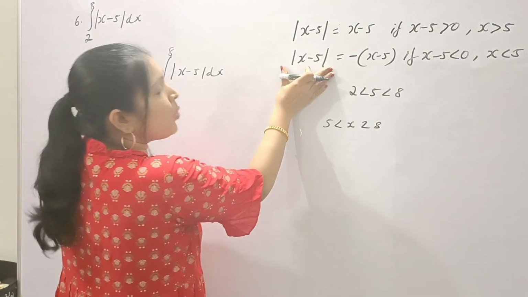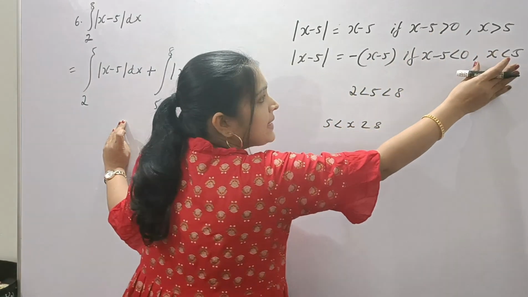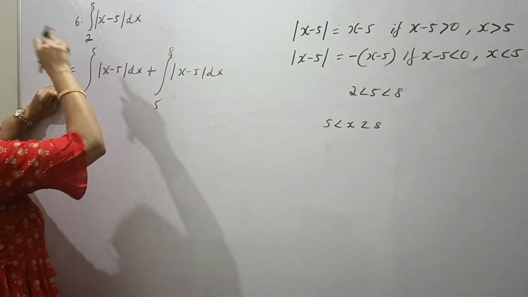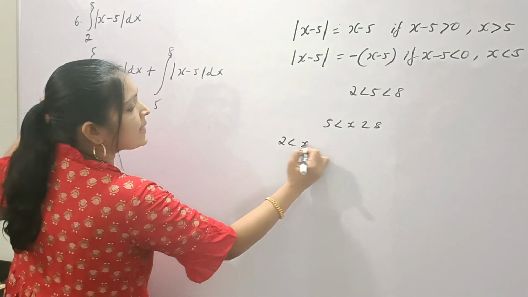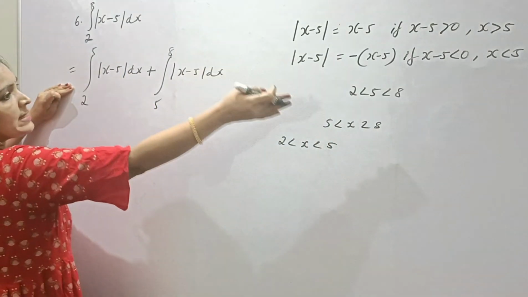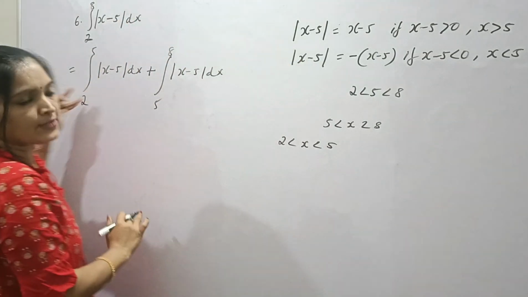And next, modulus of x minus 5 is equal to minus of x minus 5 when x is less than 5. See, this integral has limits 2 to 5, that is 2 less than x less than 5. So when x is less than 5, modulus of x minus 5 is equal to minus of x minus 5.